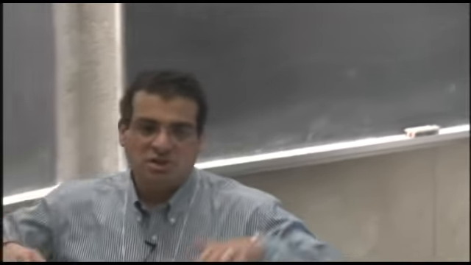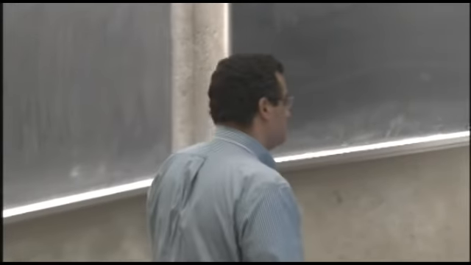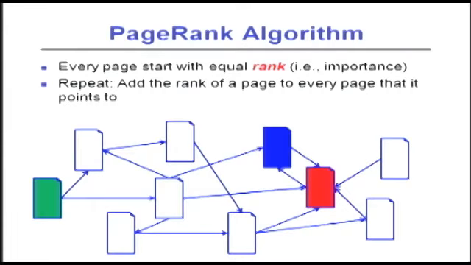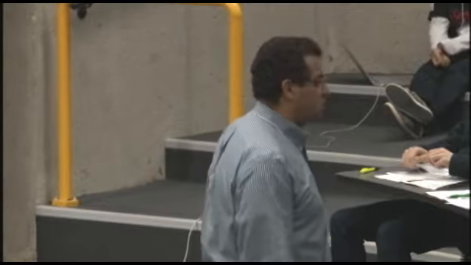And this continues until the relative importance of the pages does not change. So after the first step, I discover that the red page is important because lots of other pages are pointing to it. And then in the second step, I discover that the blue page is also important because there's one important page pointing to it. And this will continue until I find out which are the important pages and which are not.